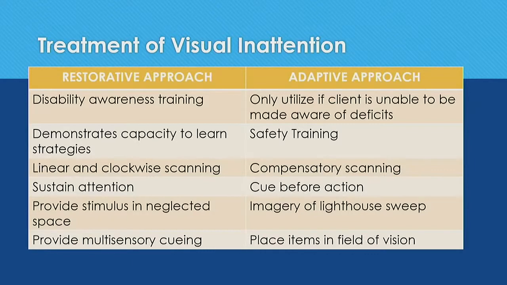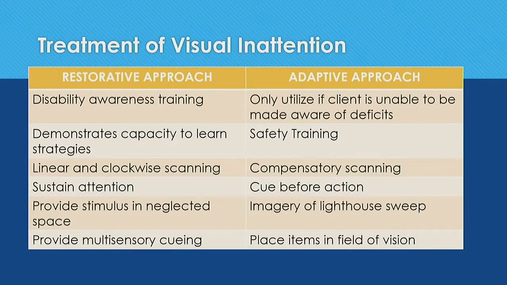You want them to have a linear or clockwise scanning ability, having them sustain attention. You may want to constrain the area that they like to go to, so it forces them to go to their neglected side, and provide multisensory cueing. It can be touch, it can be temperature, but get them to cue over to the other side.